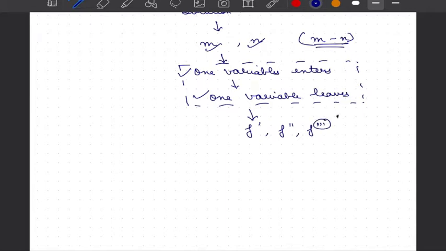These are not derivatives. They just say how the objective function values are getting updated as variables are entering and leaving. So this is not to be confused with a derivative.